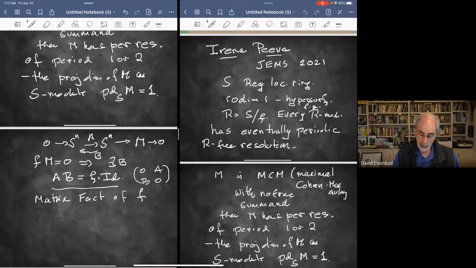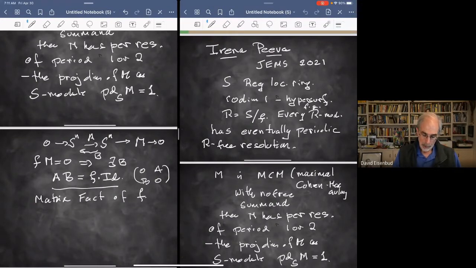So in this way, you can factorize, in fact, any power series as long as it has no constant term, or you can take square roots of any power series. It gives you a great flexibility. But this is what a matrix factorization is.